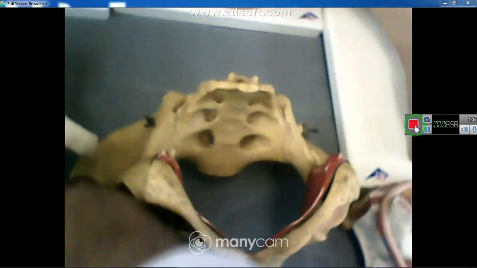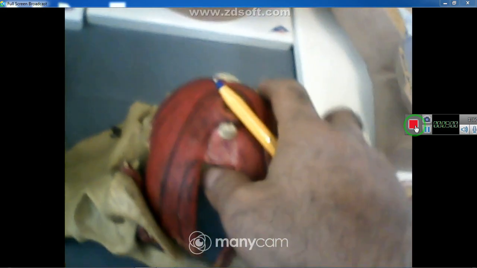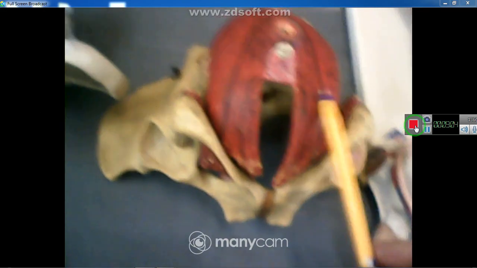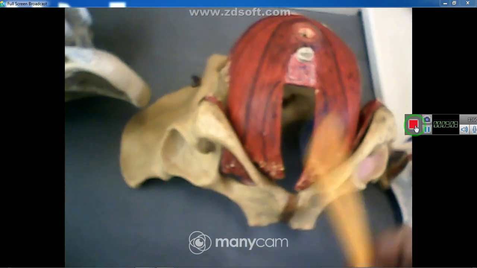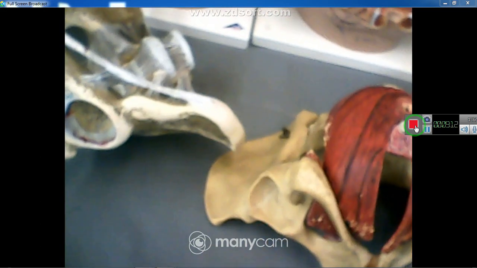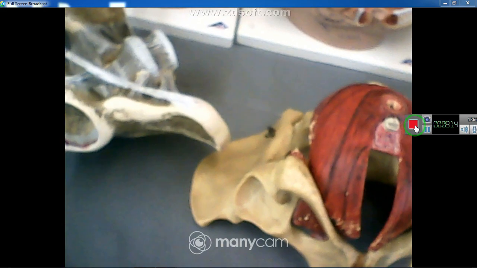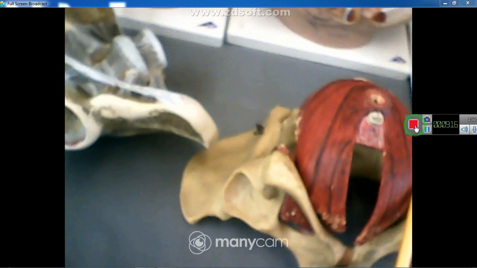Of course, all the samples were shown to you previously. Here I'm putting levator ani in its position. My pen is now in the perineum because this is the roof of the perineum.